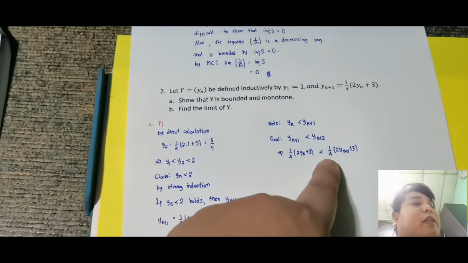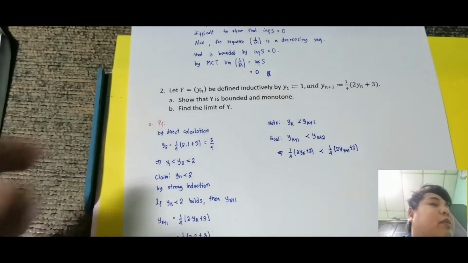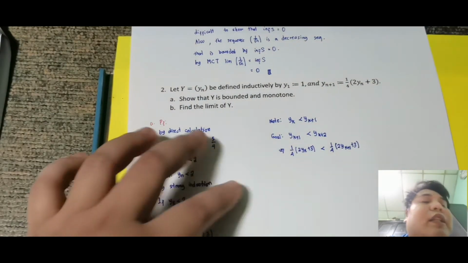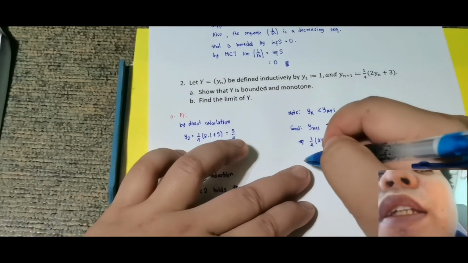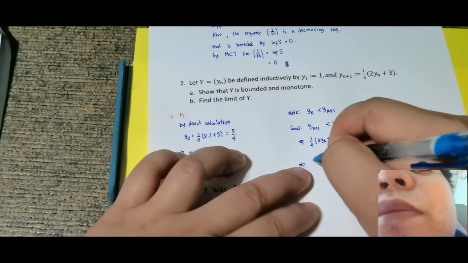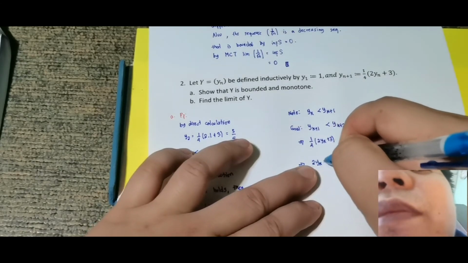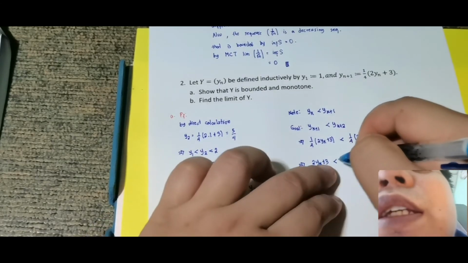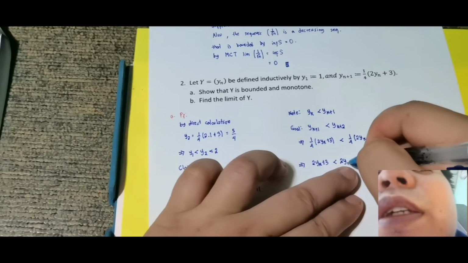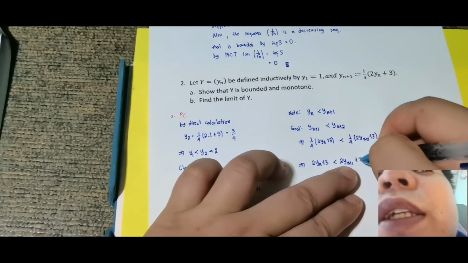Okay, kasi y sub k plus 2 na to eh. Okay, next. Divide both side by 1/4 or makakancel natin literal 1/4. Ang matitira lang, this implies that 2y sub k plus 3 is less than 2y sub k plus 1 plus 3.